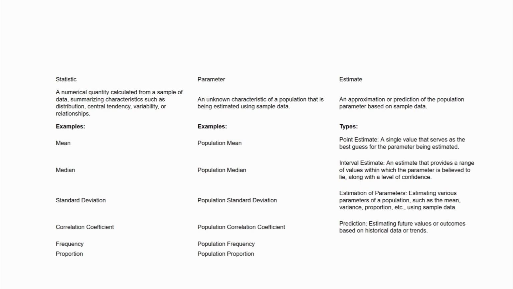We will not be doing it, but for your information, parameters are not only mean. And prediction also. So you will hear the estimate of the function, the estimate of the regression model is this. We have estimated the value to be this, meaning by calculation this is the value which is coming up. So statistic, parameter and estimate are three different things.